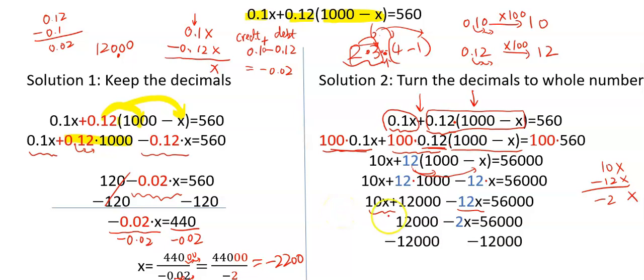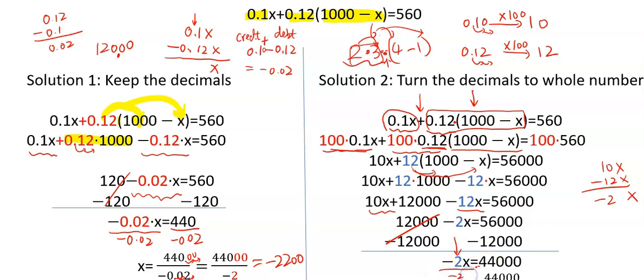And now we move 12,000 to the right-hand side, so that way we get rid of 12,000. So these two are canceled out, and then we can get rid of the -2 in front of x. So we cancel these two, and we get -2x, bring down -2x, and we divide both sides by -2.